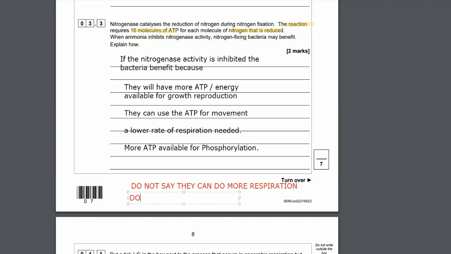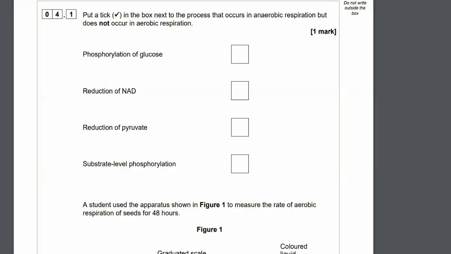That's something that students wrote on this answer. Of course, ATP is made during respiration, so having more ATP doesn't mean you can do more respiration. And don't say mitosis, just say growth or binary fission. Mitosis is a form of asexual reproduction, but not for bacteria.